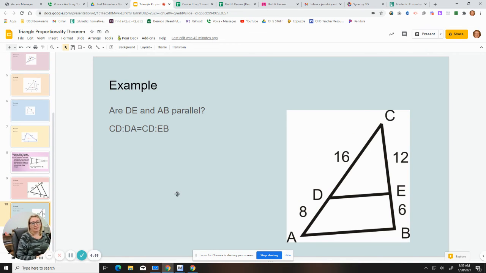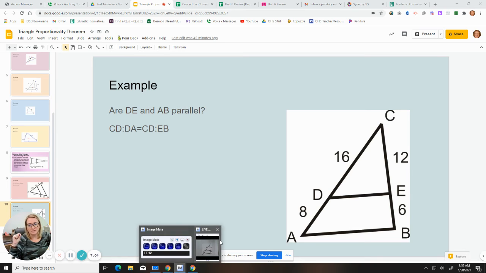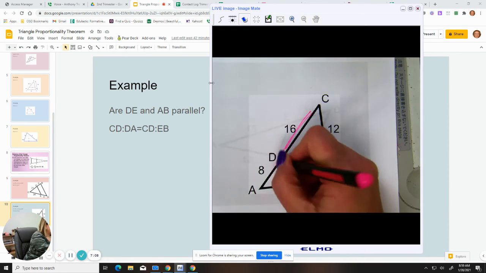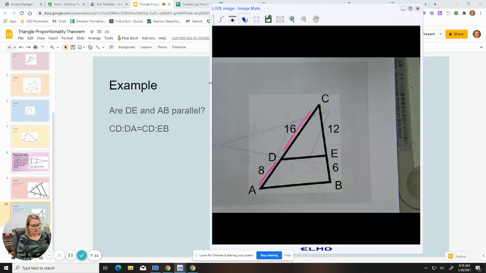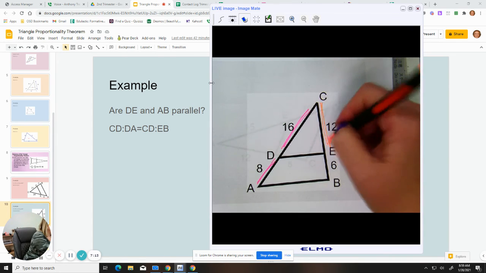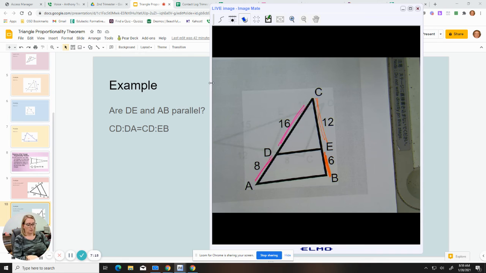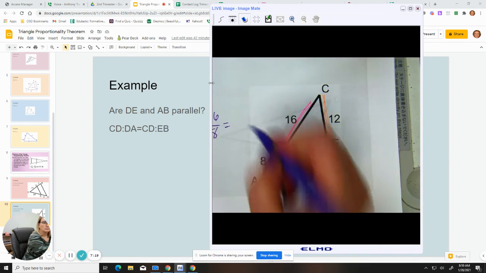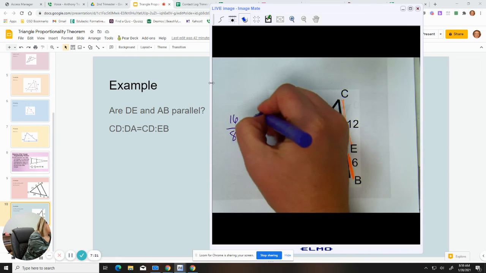Okay, what do we do in this case? Are these parallel? So again, we are going to have to set our proportions equal to each other. So we're looking at this and this, and this and this. Are those equal? So we would say 16 over 8, 12 over 6.